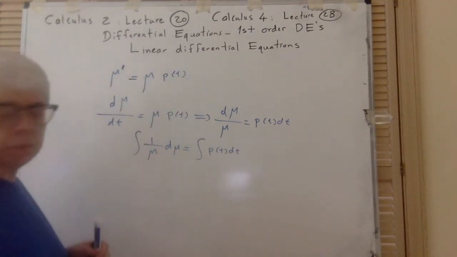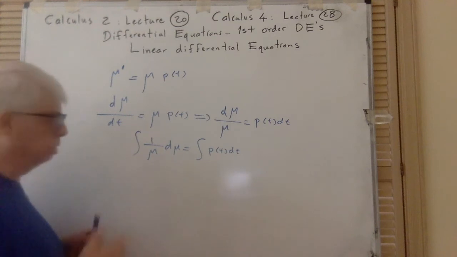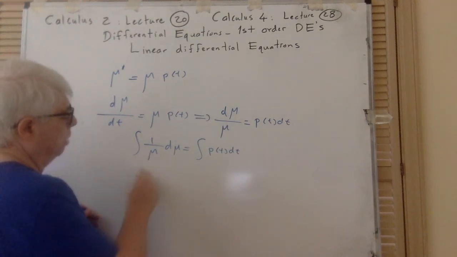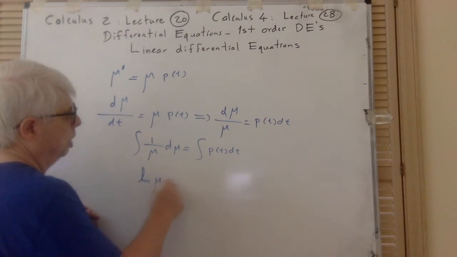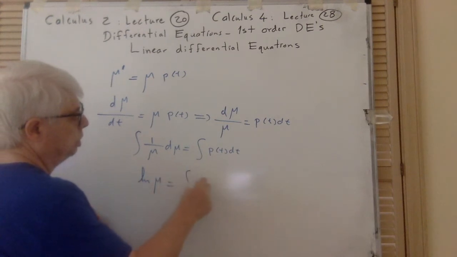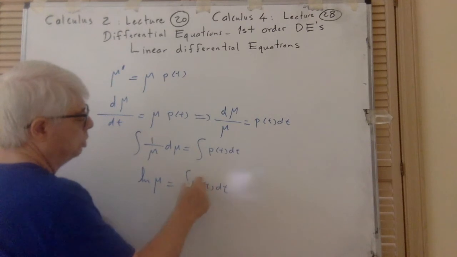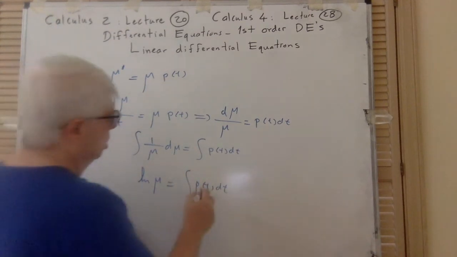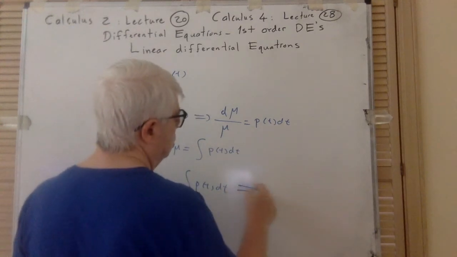There's no point in writing the other side as plus minus something. So on this side I have ln of mu, and on the other side the integral of p(t) dt, which I'm not sure what this is. It depends on what p(t) is. So this gives me mu(t).